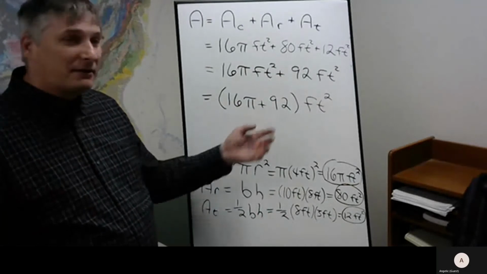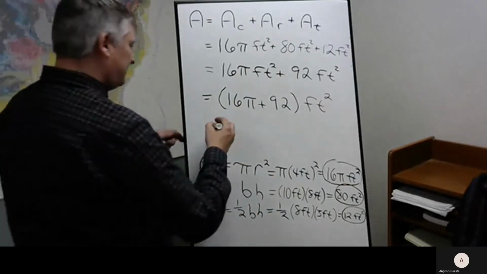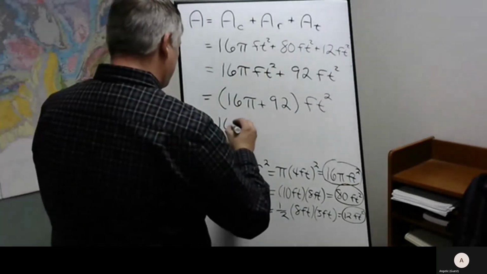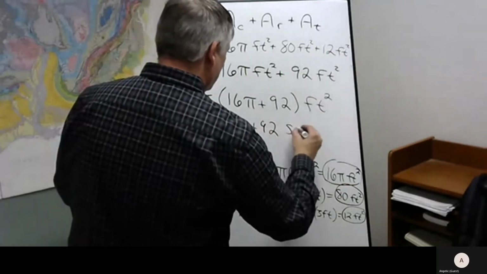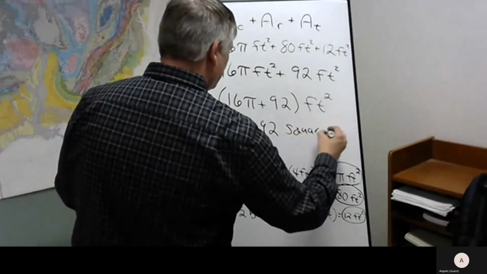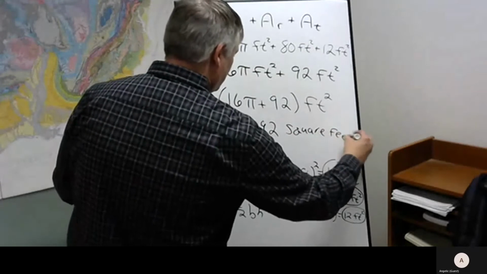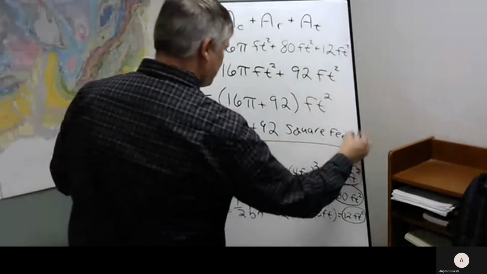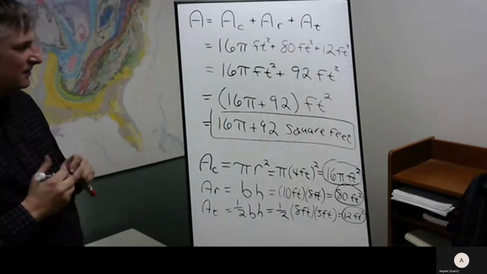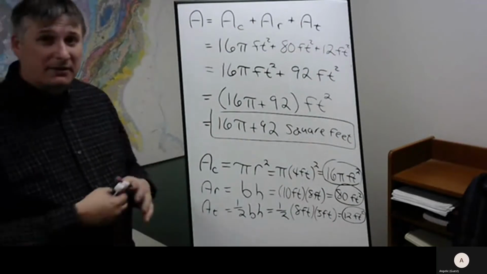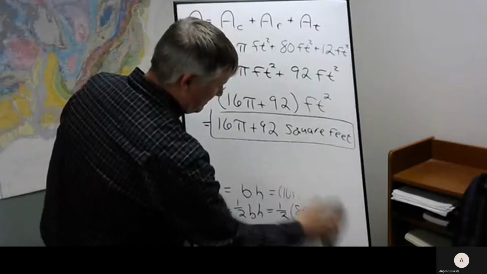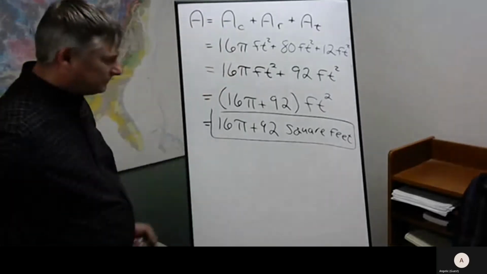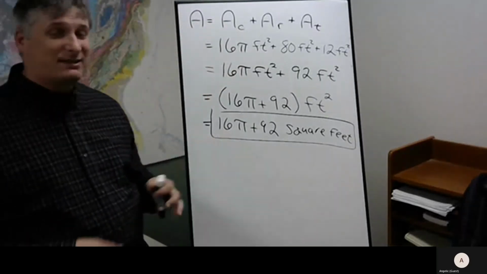But you could write it like this, or what you'll probably see is 16 pi plus 92 square feet. Now, this is the exact answer.